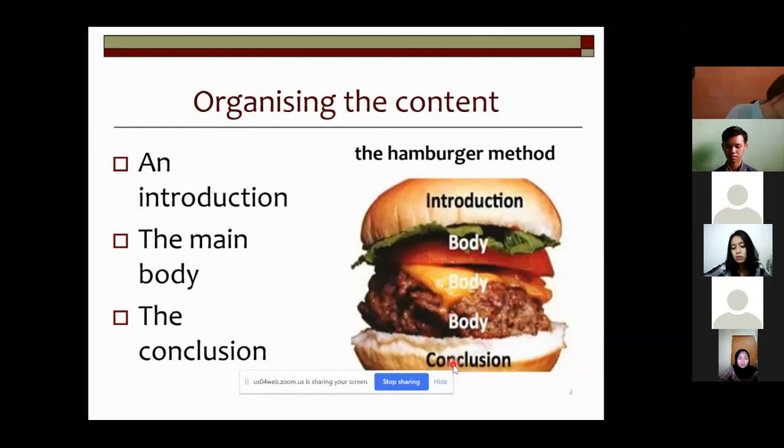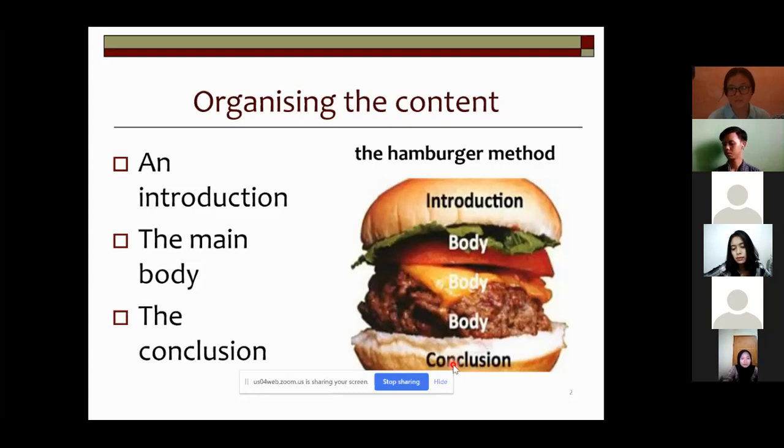These three parts of the presentation cannot be separated because they should be integrated one to another. Without an introduction, you just present the main body, the main topic of your presentation. It's not so fun. And without any conclusion, your presentation will be so poor because there is no summary or conclusion of what you are talking about.